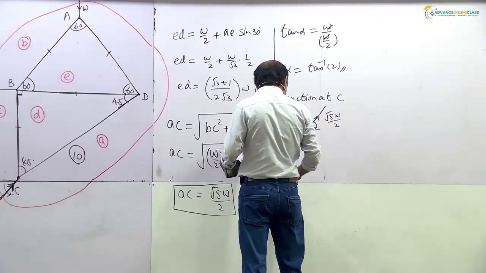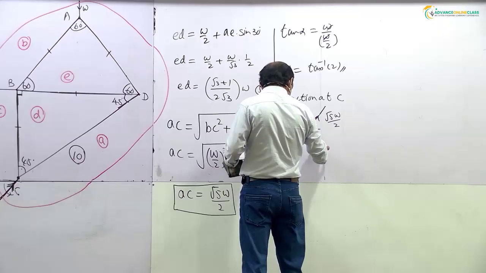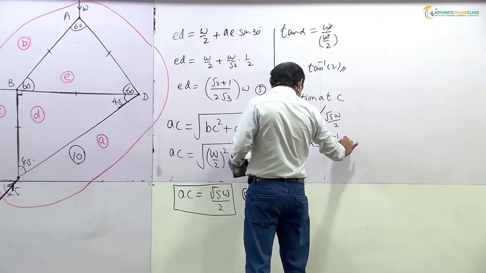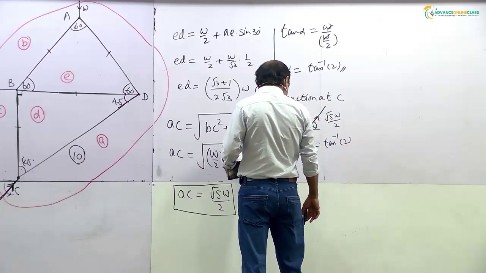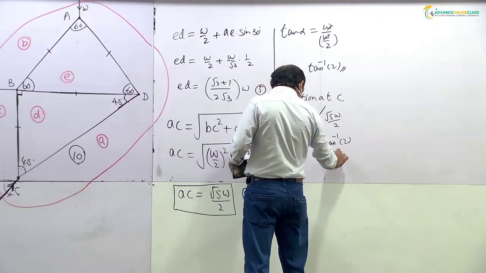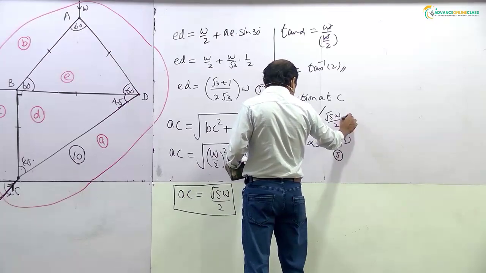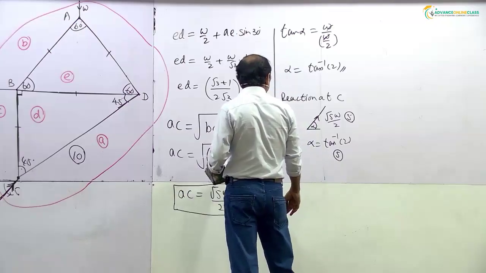Here the angle alpha, alpha equals tan inverse 2. Okay, right. For this angle, giving the direction, 5 marks. For this size, 5 marks.